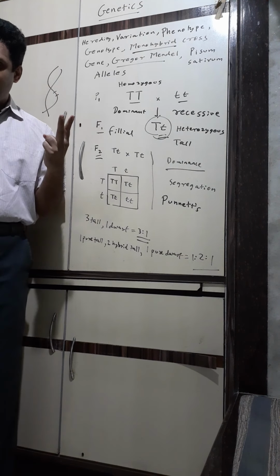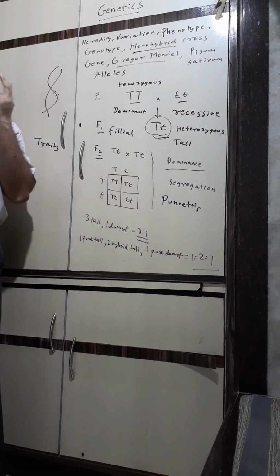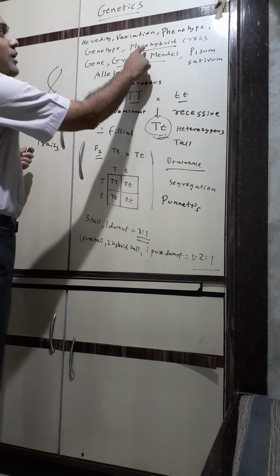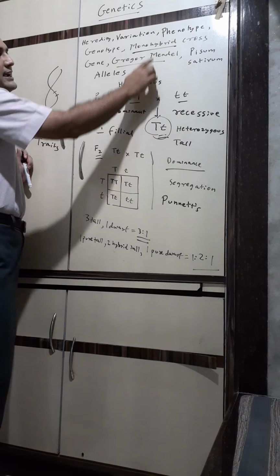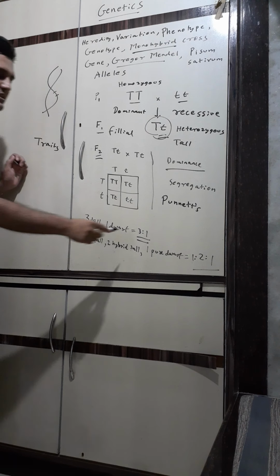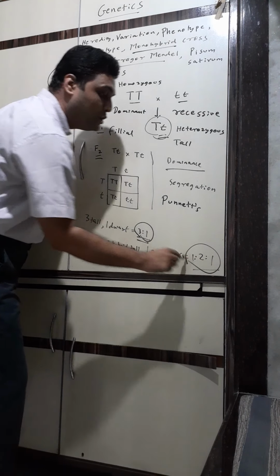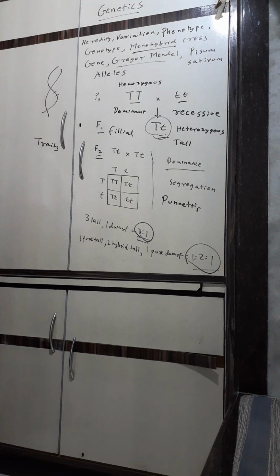A cross which involves one pair of contrasting characters, or one pair of opposites, is called a monohybrid cross. Therefore, 3:1 is a monohybrid ratio. I have only taken one pair of opposites. I hope you've understood this.